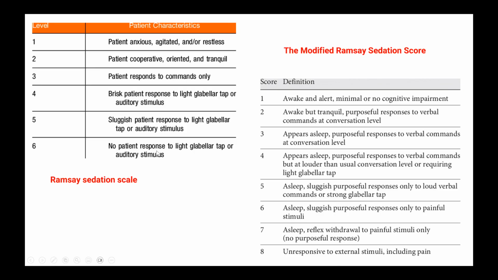So what was in the 6th category or 6th level in the earlier Ramsay sedation now has been pushed to the 8th level. So 2 more levels have been added to distinguish, especially in the ICU. The patients are initially sedated and ventilated, and then when you want to wean off the sedation, these extra 2 categories and the modification done help you to assess the patient's consciousness as well as orientation much better.